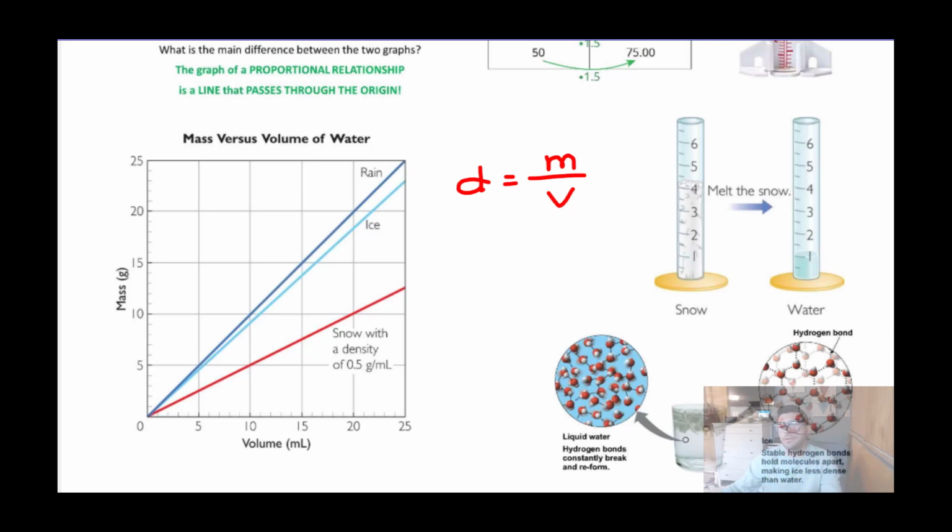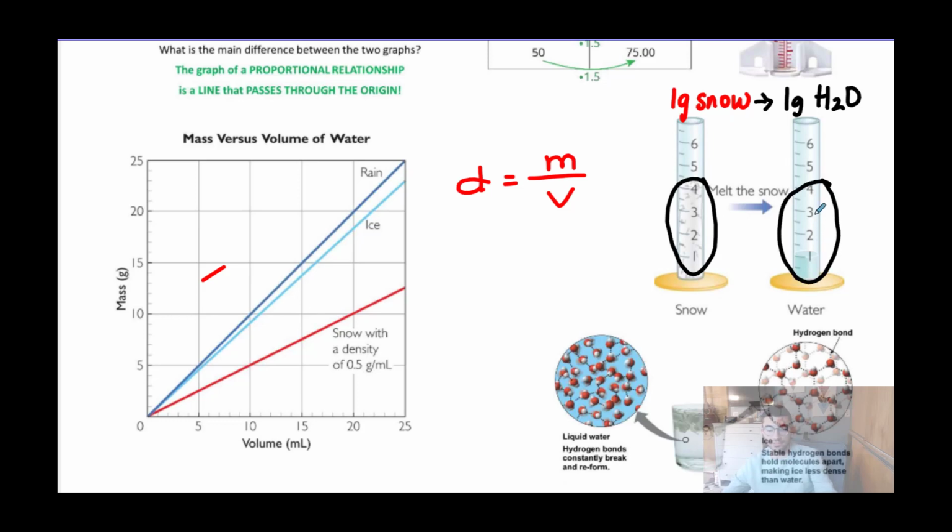Now we can see this in this picture here. This is 1 gram of snow. Now, that 1 gram of snow is representing the mass. The volume given by the graduated cylinder there is telling me that it's about 4 milliliters. Now, when that 1 gram of snow melts into liquid water, I'm still going to have 1 gram of water because the number of water molecules here is going to be the same here.